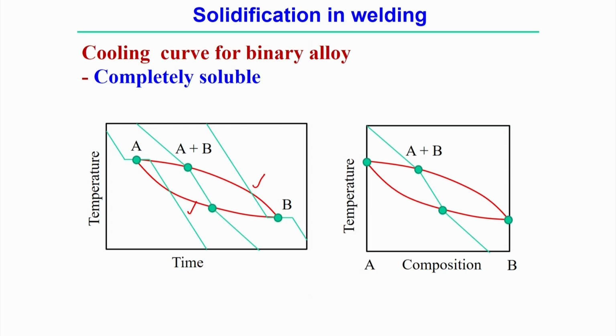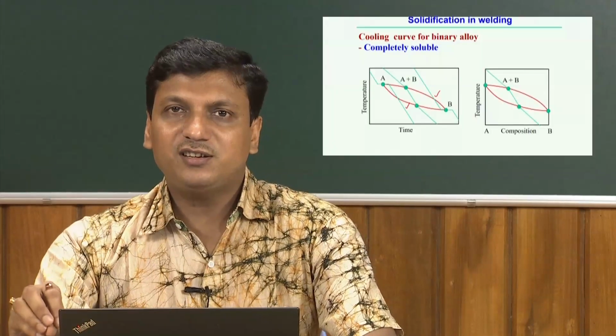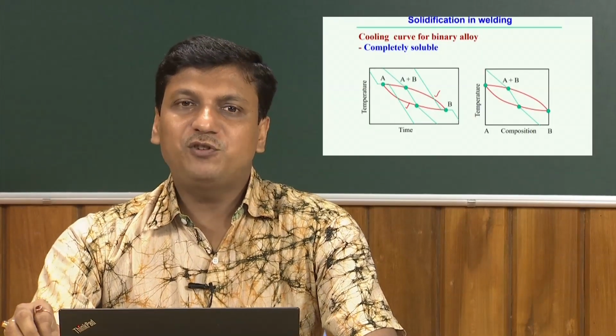Here there are two components, so this is a specific alloy system. Point A is a single point that indicates the melting point of component A, which means it is a pure metal.